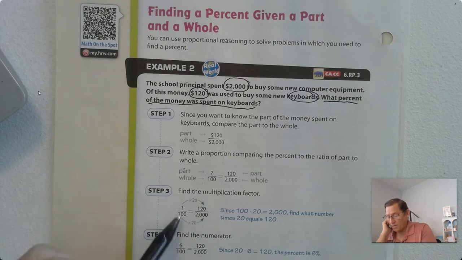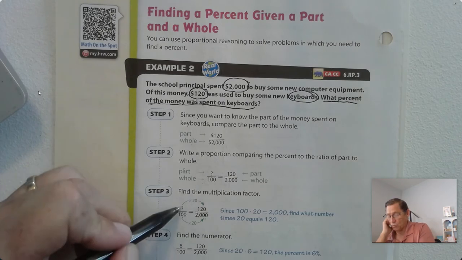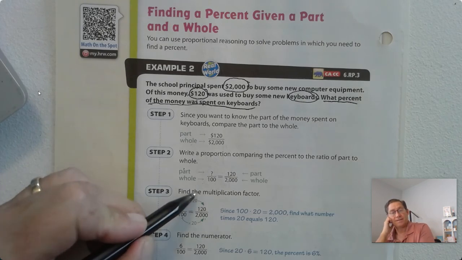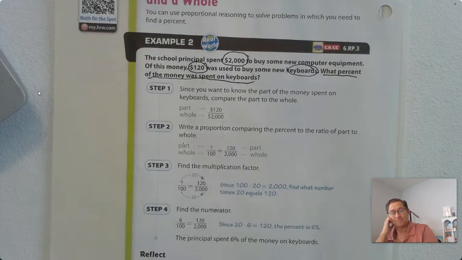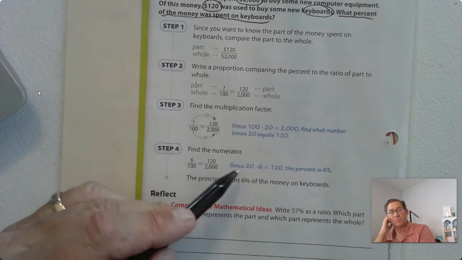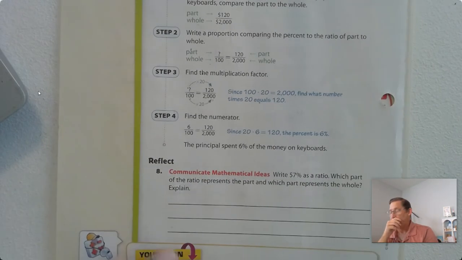How do you go from 100 to 2,000? Well, that'd be multiplying by 20. So what number times 20 is 120? Well, that would be 6, right? Okay. So the principal spent 6% of the money on keyboards. Right, so number 8.